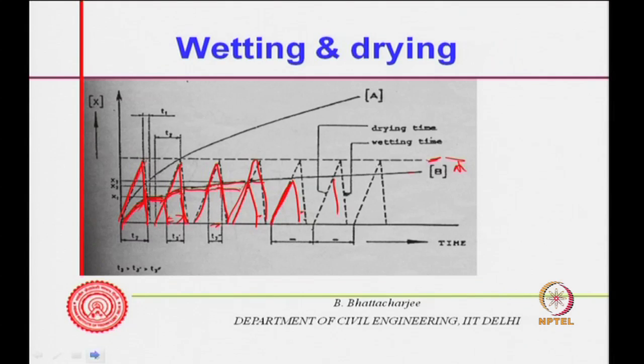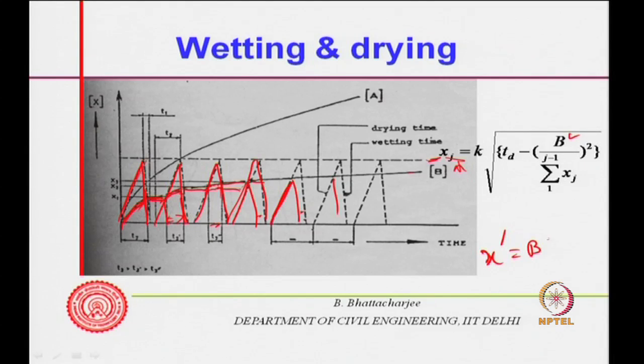So, one can algebraically formulate a formula like this, where B is the constant. The moisture penetration depth, if I call it x dash, is B under root T, because we said moisture penetration is also proportional to under root T. So, B is the constant of proportionality.